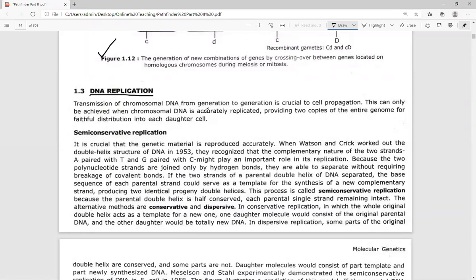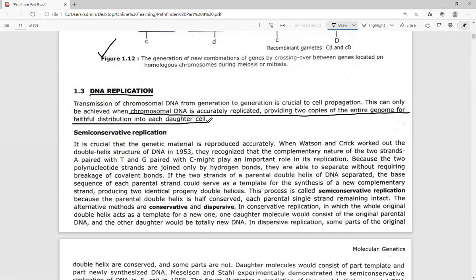Only when chromosomal DNA is accurately replicated will it provide the two cells the entire genome for faithful distribution into each daughter cell. Only when the genomic DNA has been replicated will the two daughter cells be produced. Else the two daughter cells can never be produced.